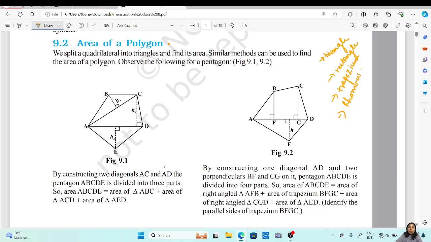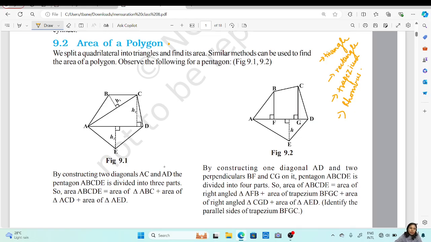So we are going to divide this entire shape into things that we already know, like a triangle, rectangle, trapezium or rhombus if possible.